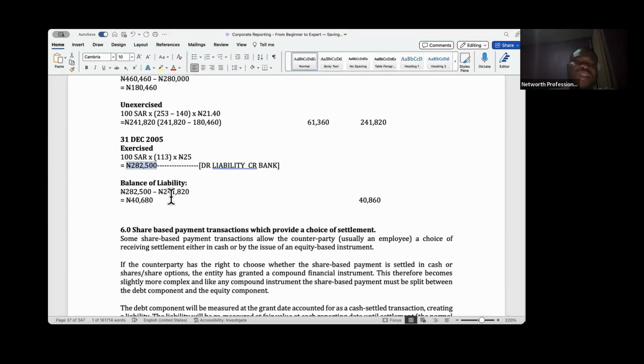So I'm paying even more. So there's an increase in liability of 40,680, which I'm going to close to my P&L straight on, so that there will be nothing again.